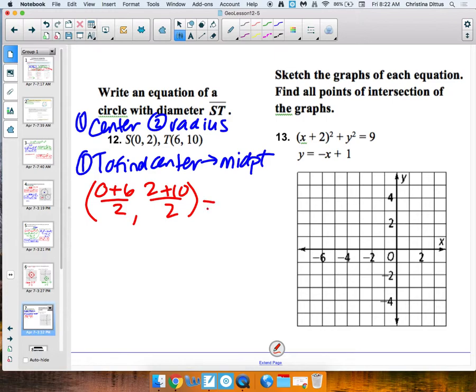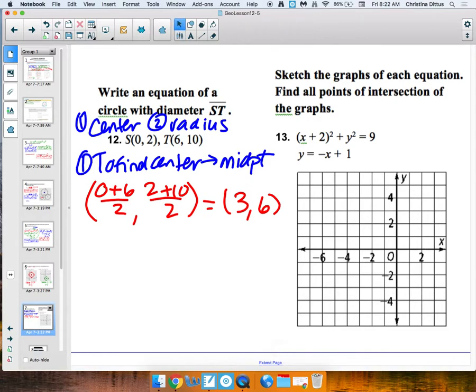Divide by 2. So where's my center? 3, 6. All you're doing is averaging your 2 points. Okay, questions there?